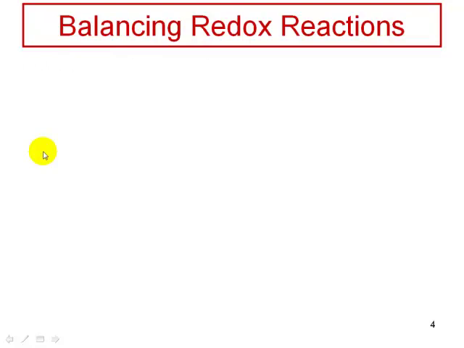Before you left for break, I should have given you a handout that details how to balance a redox reaction and the steps involved. And we've already done this. If you remember way back last semester, we did this lab, which was really one of the best things we did all year.